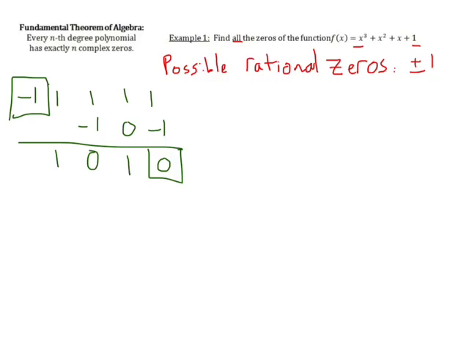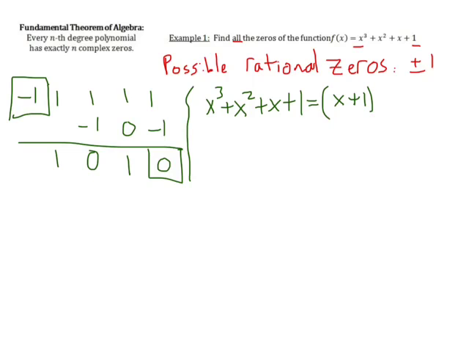Alright, so that tells us that if we take our function, x cubed plus x squared plus x plus 1, that's going to be able to be factored into x plus 1.